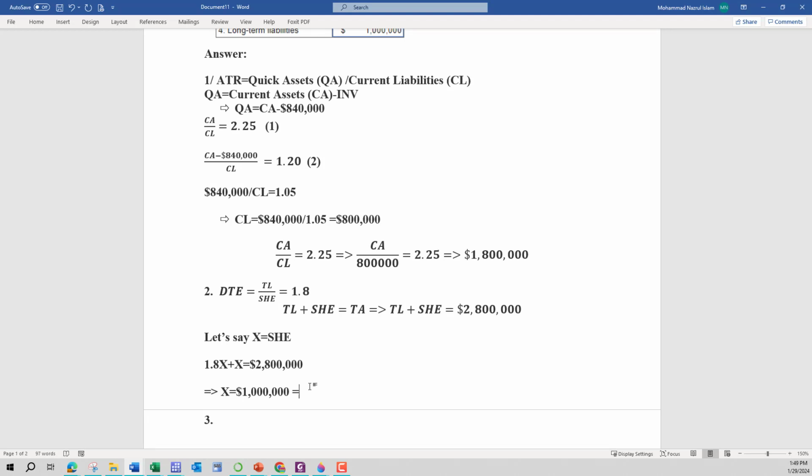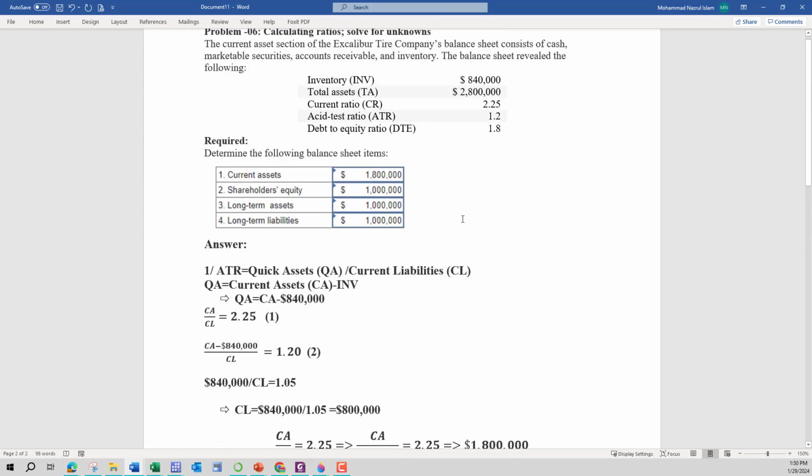Number 3: X equals 1 million, which means this is actually our shareholders' equity.